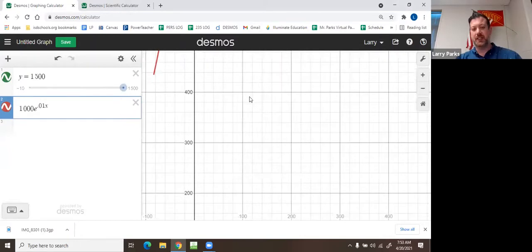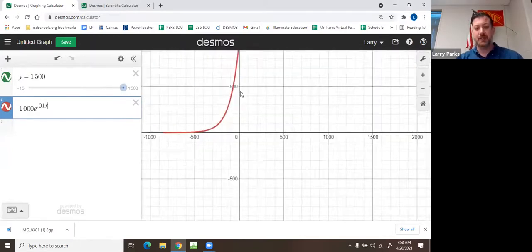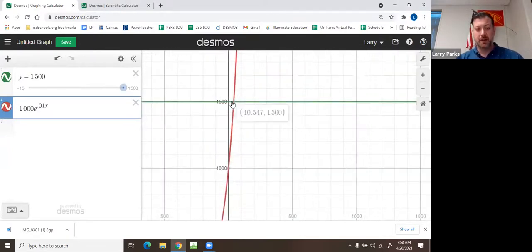And then we can just look to see where they intersect. 40.55. Remember, t is in hours. So we'll say in 40 and a half hours, there will be 1,500 bacteria.